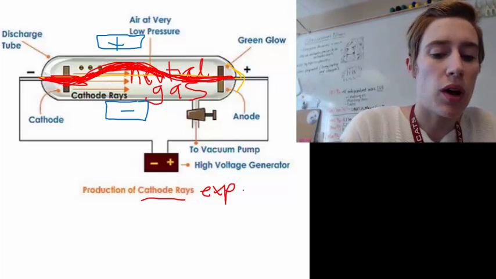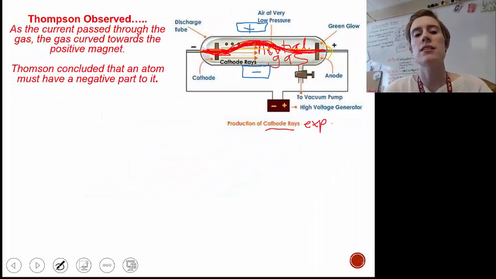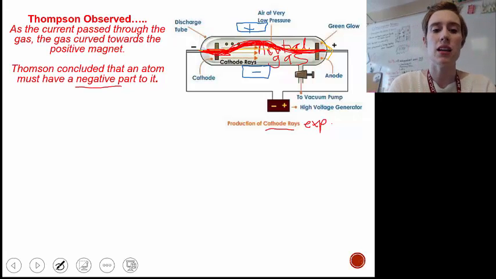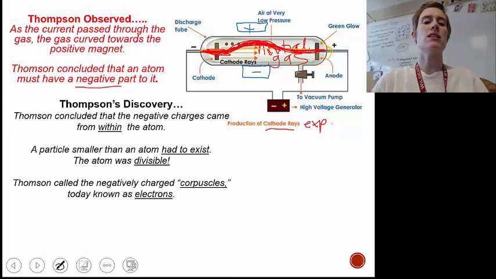So here is what Thompson observed. The current passed through the gas curved towards the positive magnet. He concluded that if the gas is curving towards the positive, the atoms must be negative, right? They must have a negative part. So here's what he discovered.